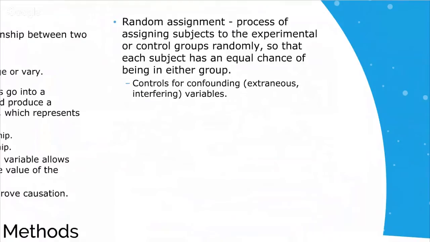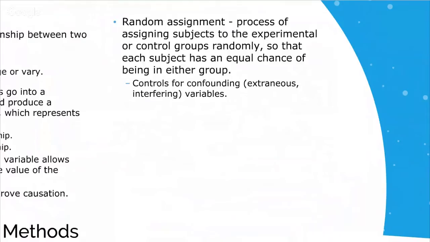And then down here it says controls for confounding variables, or extraneous or interfering. Basically what that means is this sort of prevents confounding variables from happening. And confounding variables are something that you did not think of in your experiment that could explain a correlation in your study.